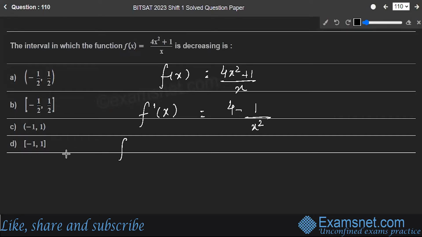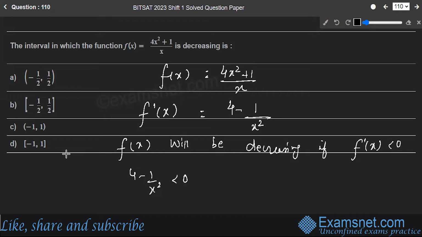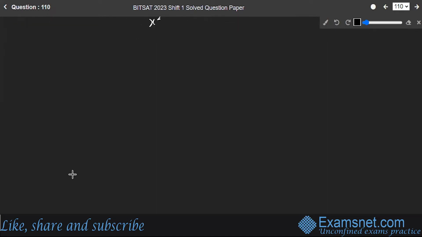Now f(x) will be decreasing if this derivative is less than 0. That means 4 minus 1 upon x squared is less than 0. This gives you 1 minus x squared is greater than 4, or that means x lies between minus 1 by 2 to 1 by 2.